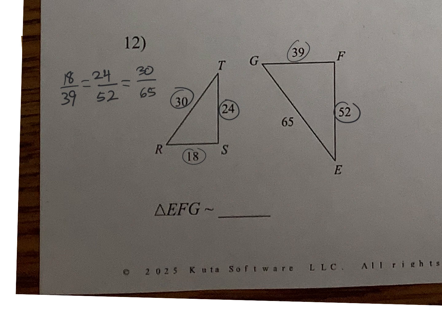You can just use your calculator to save time if you want. 18 divided by 39 is 0.46 something. 24 divided by 52 is 0.46 something. Make sure those are the same. 0.46153 dot dot dot. What was 18 divided by 39? It's the exact same thing. Okay, so now check 30 divided by 65. And yes, you get the exact same thing.